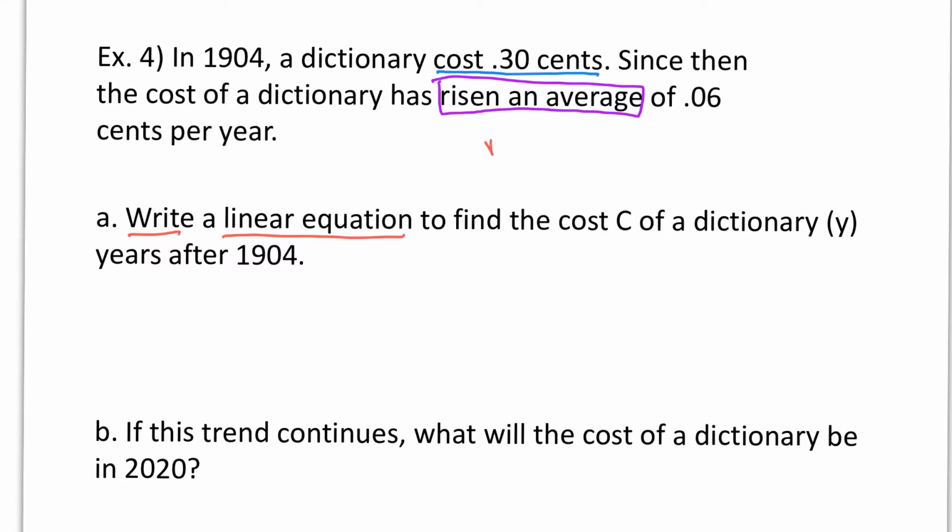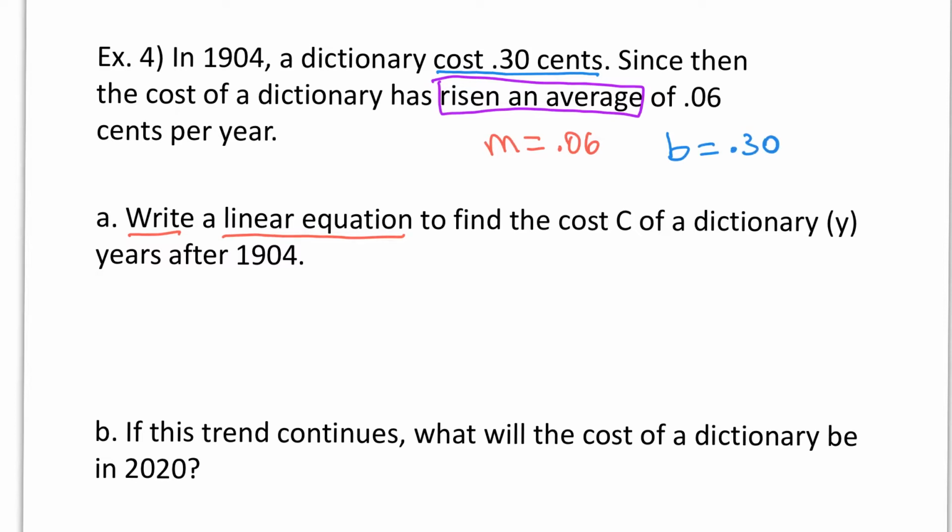So risen an average of 6 cents, that's your m. My slope is 0.06. And the starting point of the cost of the dictionary is your y-intercept, which is b. So b in this case is 0.30.